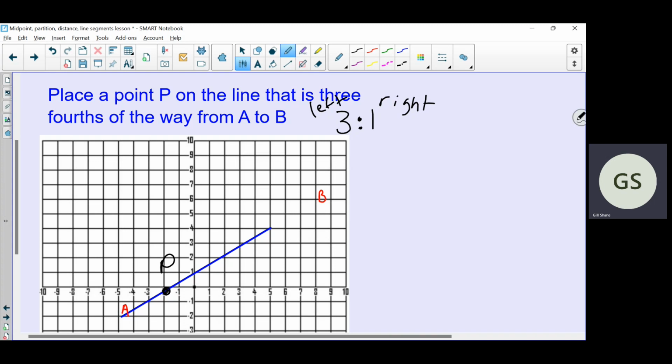I will maybe give you a line where I don't give you any numbers at all. And I just put a point somewhere in the middle and I say, could that possibly be correct? And the answer would be what we just talked about. You'd either say, well, yeah, maybe, because based on the ratio, the left side would need to be bigger than the right. Or the answer might be no, it's not correct, because again, same reasoning, based on the ratio, the left should be bigger than the right.